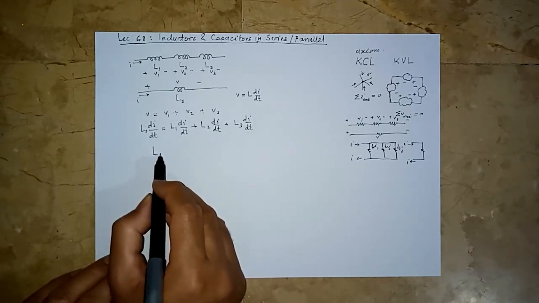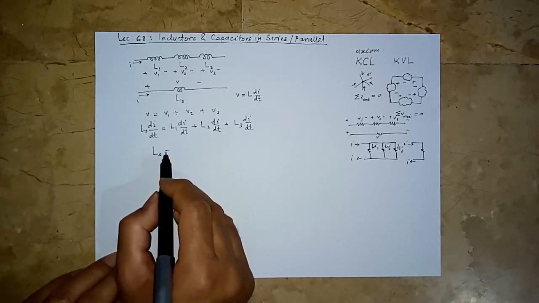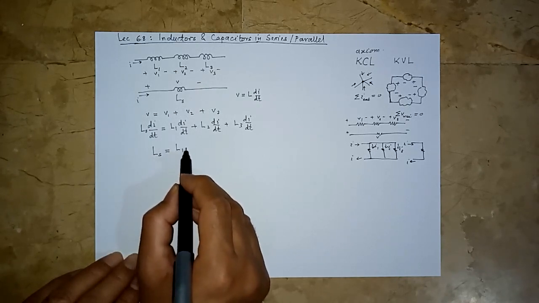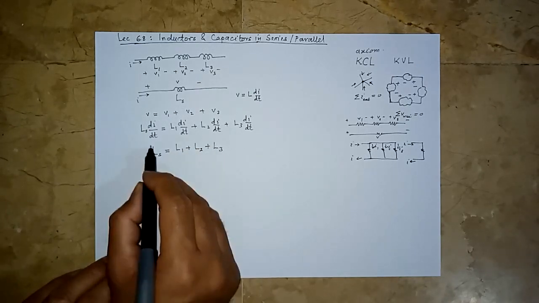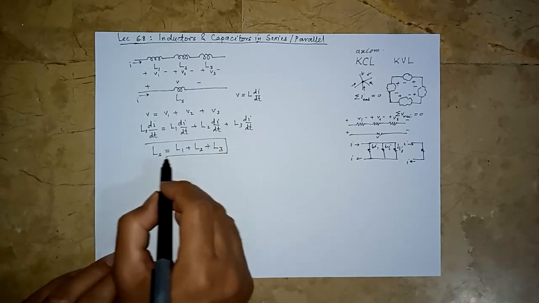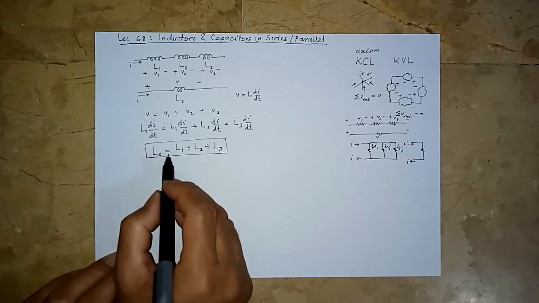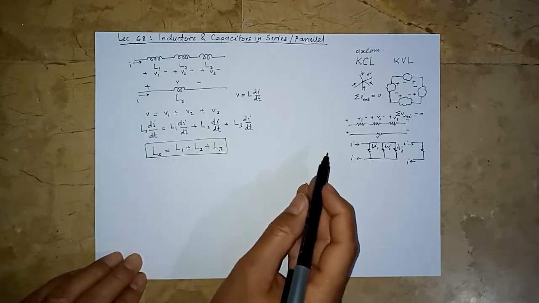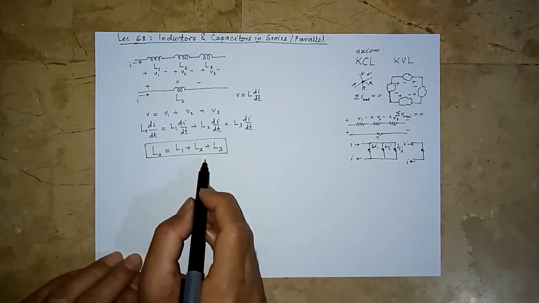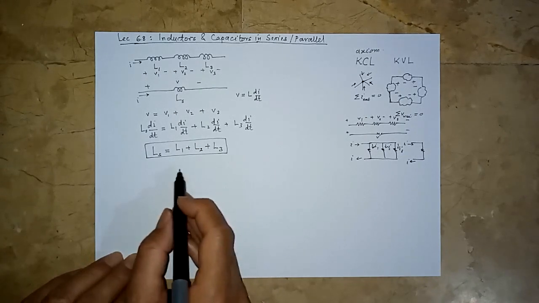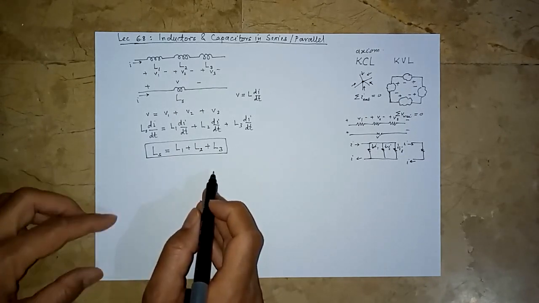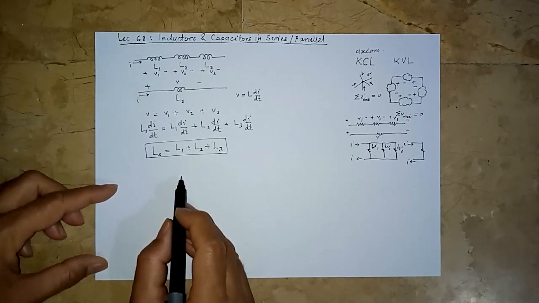The series combination of inductances yields an equivalent that is the sum of all the individual inductors. So in series, inductors behave just like resistances in series. You will see when you do the case of capacitors that this is not the case for capacitors, but obviously you are going to do that yourself.